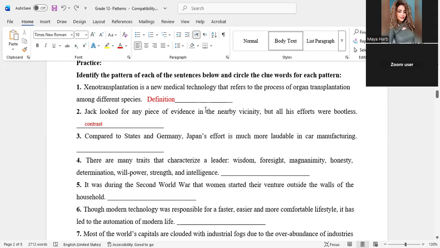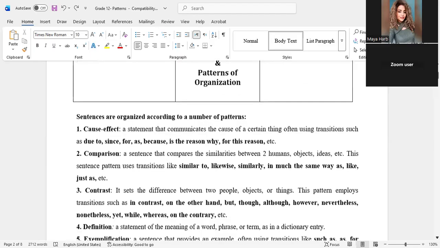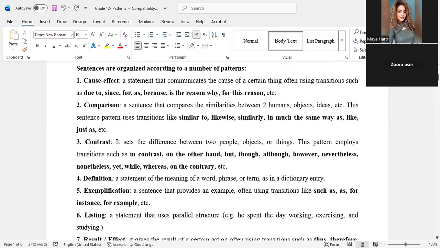Let's go back to the types. Here I'm trying to compare Japan to the USA and Germany. So what could the pattern be? Comparison. Comparison, of course, I'm comparing.